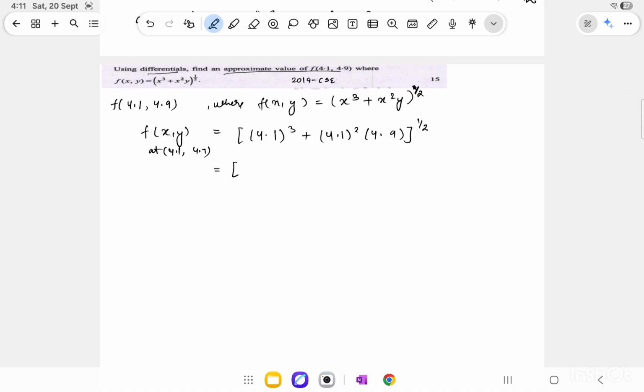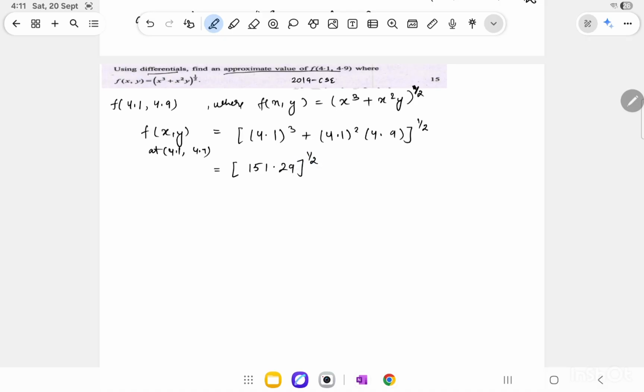That is 4.1 cube, which turns out to be 151.29 raised to 1 by 2.